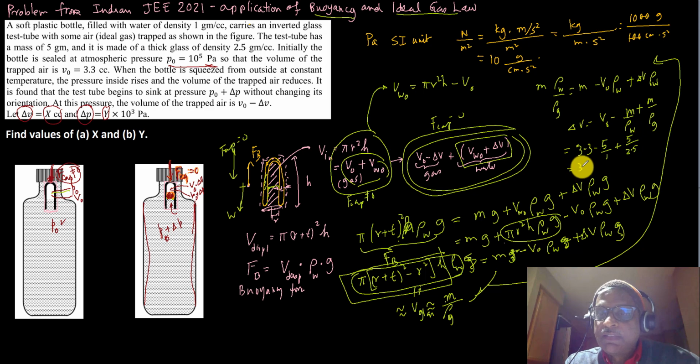So this is 3.3 minus 5 plus 2 is minus 3, so it's equal to 3.3 minus 3, and this is 0.3.